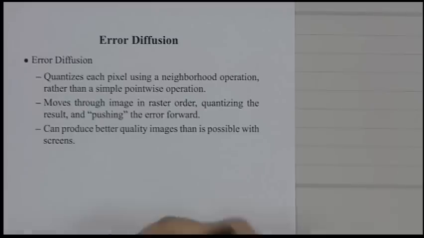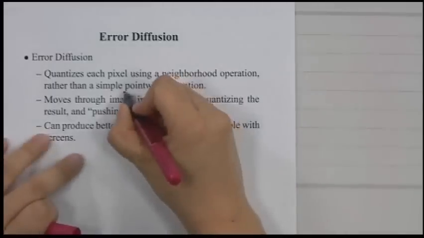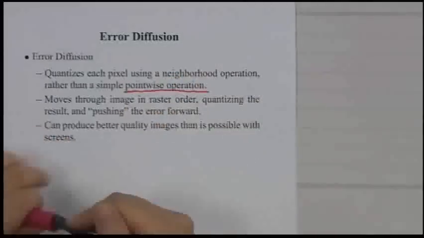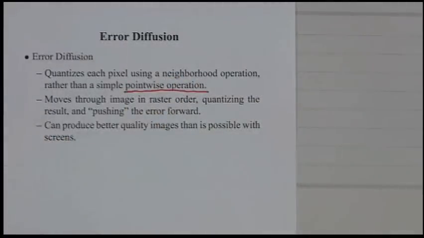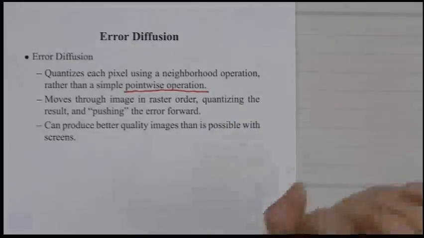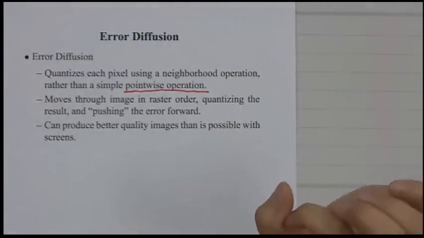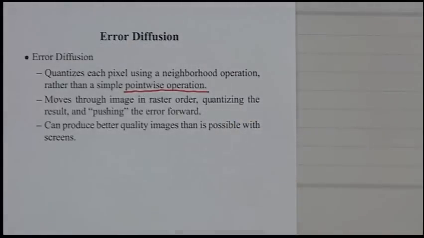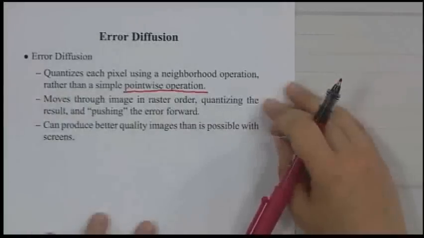Before, we used a point-wise operation for halftoning. For each pixel, we pick one pixel of interest, do thresholding, and get the result. So it's a point-wise operation. But in this error diffusion method, we will use information from neighborhoods.